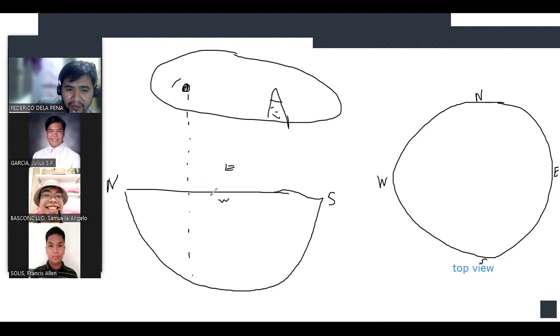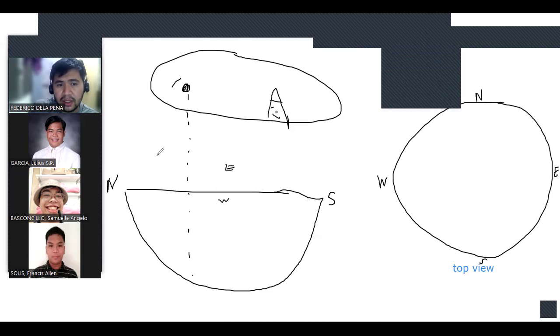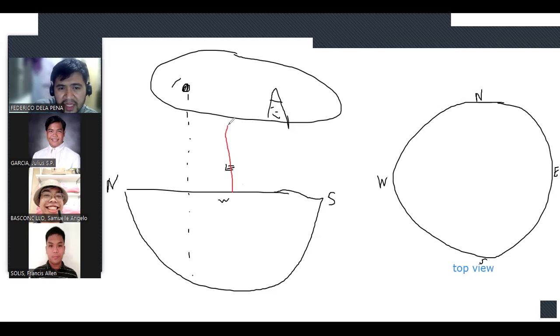Now let's say you have a plane somewhere in here. Let's color it red. You have this plane that is cutting through your bowl.